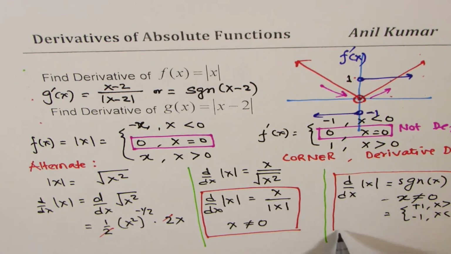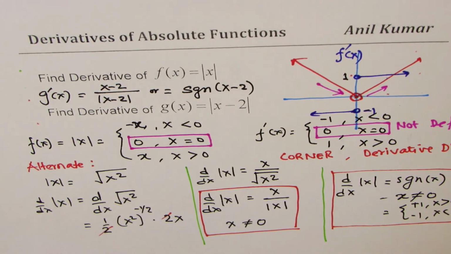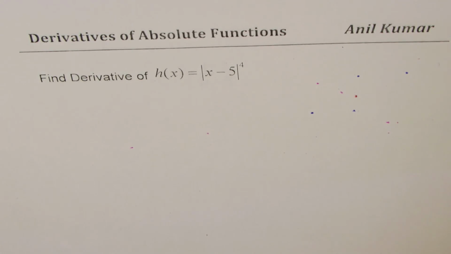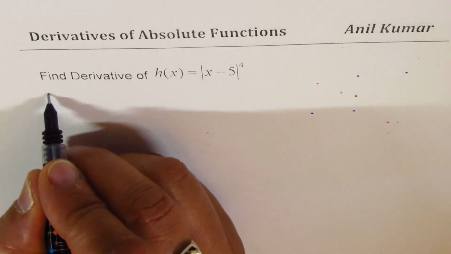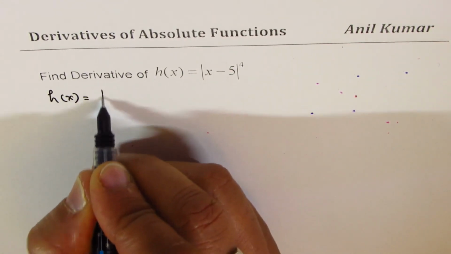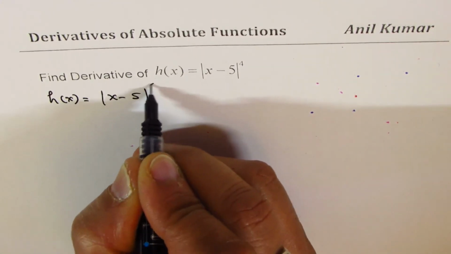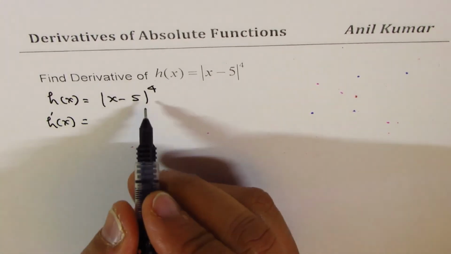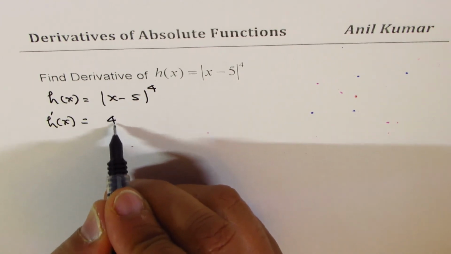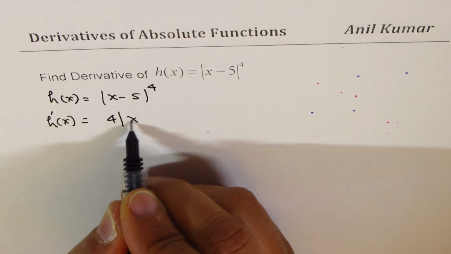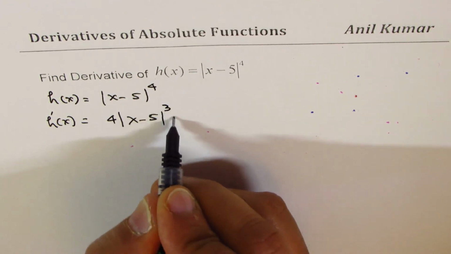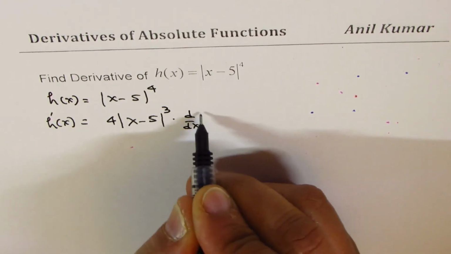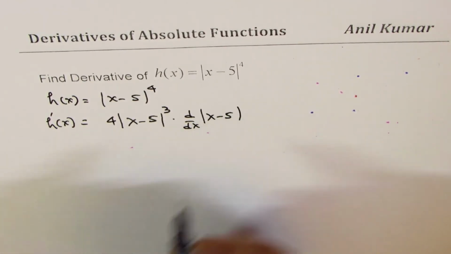Now this is a huge application, right? So let's continue, and I hope you have understood the concept. Let's take up this one now: h of x equals absolute value of x minus 5 to the power of 4. To find the derivative of h of x, I apply the power rule: 4 times absolute value of x minus 5 to the power of 3 times d/dx of absolute value of x minus 5.